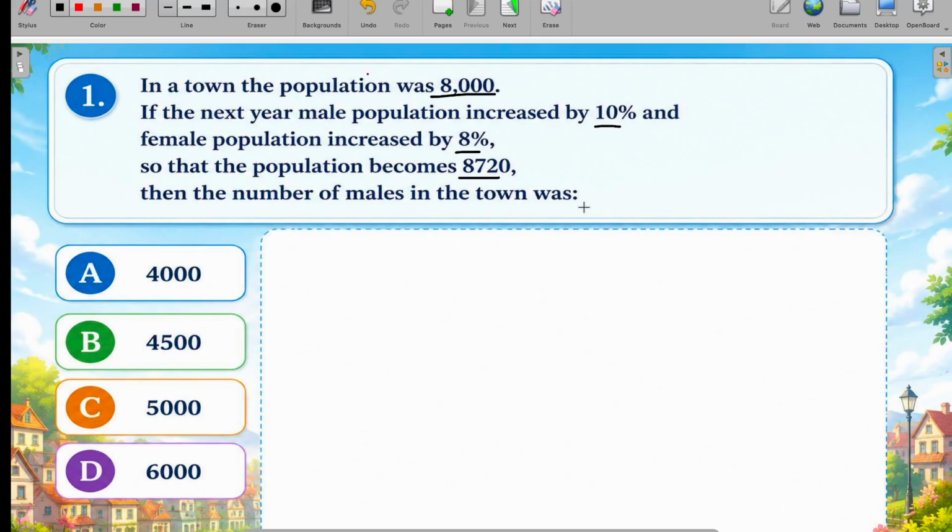Most students will think like this: 8,000 is the initial population, then increased by 10 percent, so you write 11 by 10, then 8 percent increase, that is 108 percent, or 27 by 25. This is wrong.